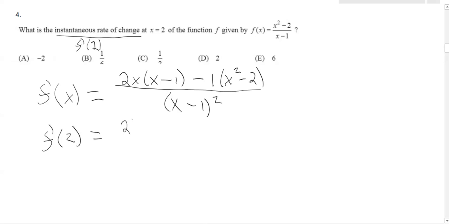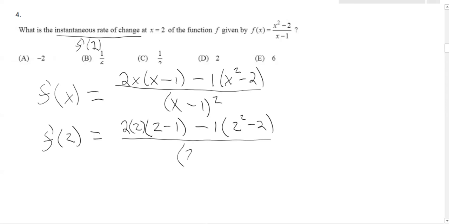So it'd be 2 times 2 times 2 minus 1 times 2 squared minus 2 all over 2 minus 1 squared. So the denominator, 2 minus 1 is 1, squared is 1. So here 2 minus 1 is just 1. 2 times 2 is 4 times 1 is 4.